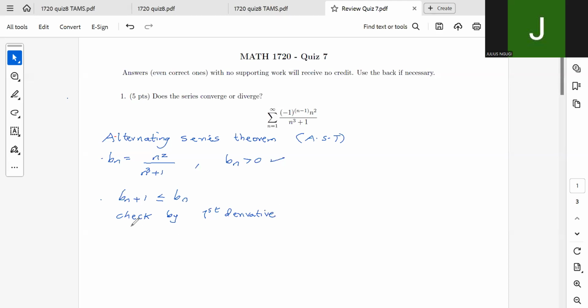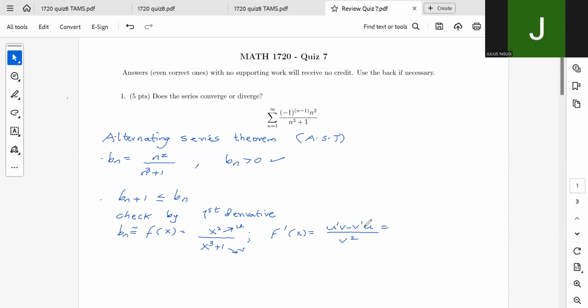We call the Bn, f of x. That means where I have n, I'll put an x, and I'll have x squared divided by x cubed plus 1. So the first derivative, f prime of x, if I have the numerator as my u of x and my denominator as v of x, I'll be using the quotient rule, which is u prime v minus v prime u divided by v squared.